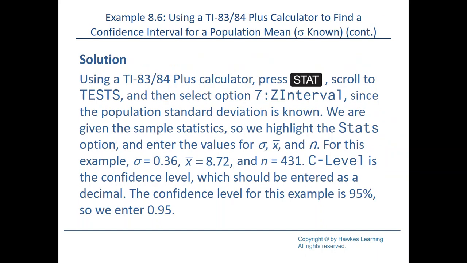If you are using a confidence interval, we can use our calculator to help us out. The calculator will not give you E. What the calculator will give you is the interval. Technically the calculator doesn't give you E, but you could work your way backwards. That is a possibility. But the calculator itself will never, ever give you E.